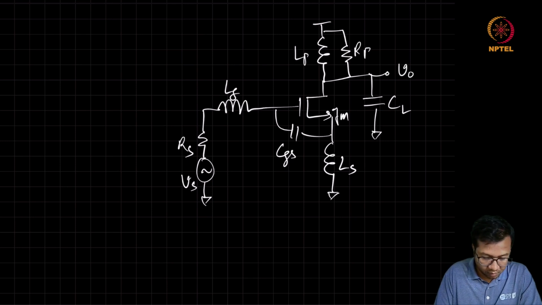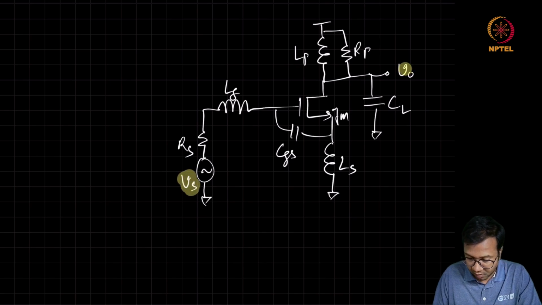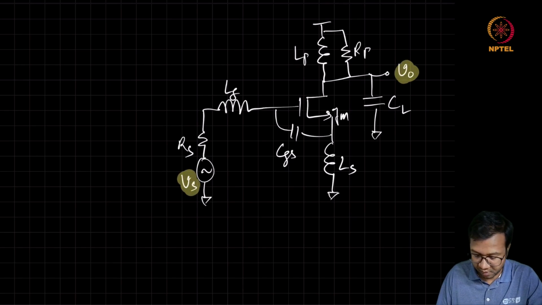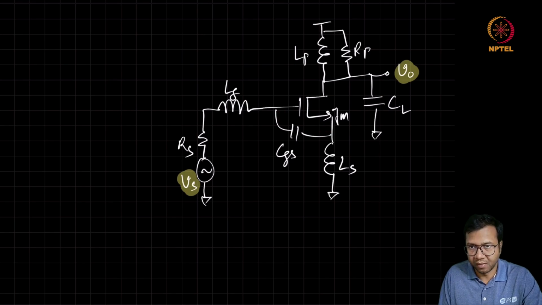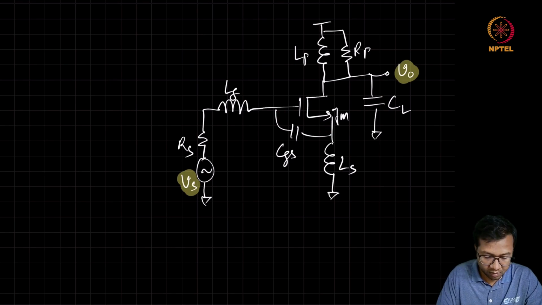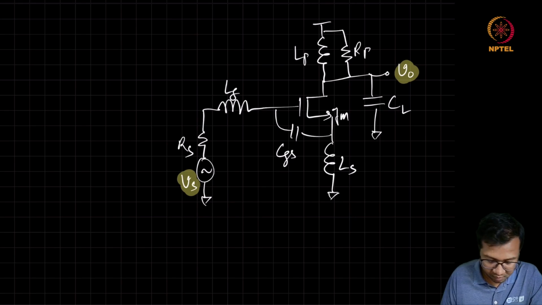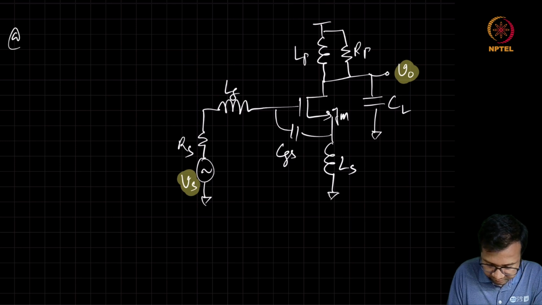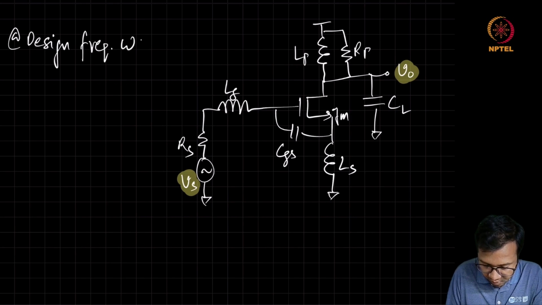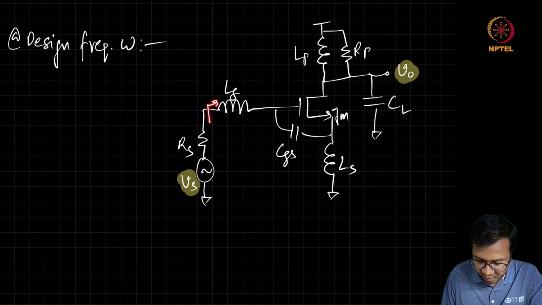This is the output. If you want to find out the gain, we can first find out what is going to be this voltage VGS. If we know VGS, then we can find out this output voltage. We know that at the design frequency omega, the impedance looking in is RS.